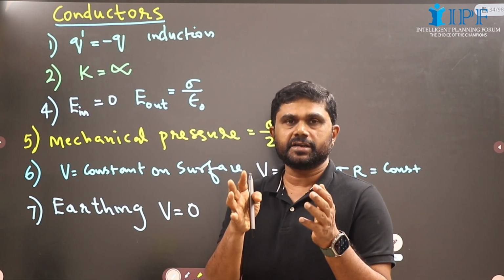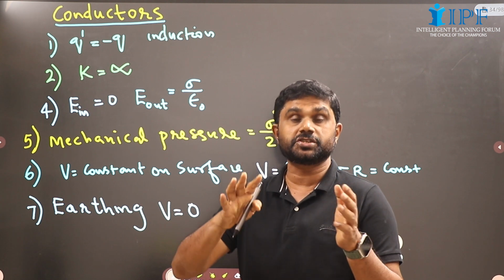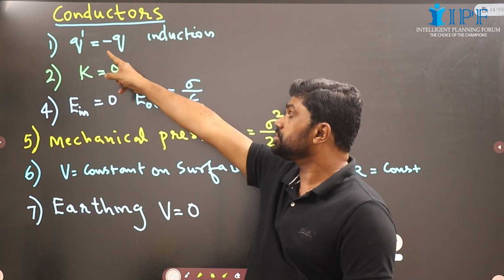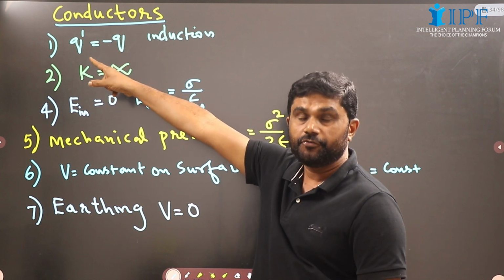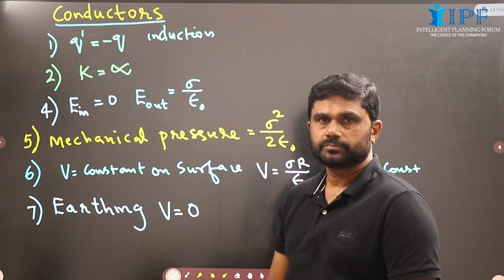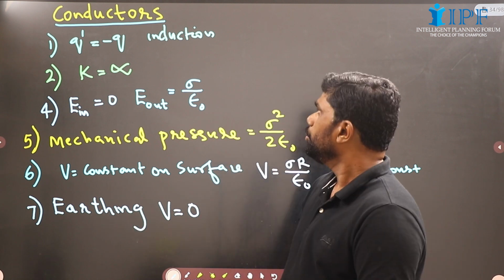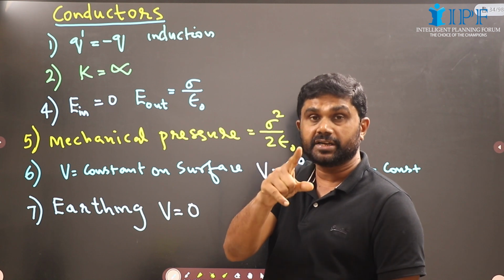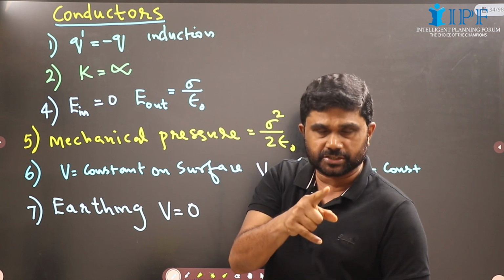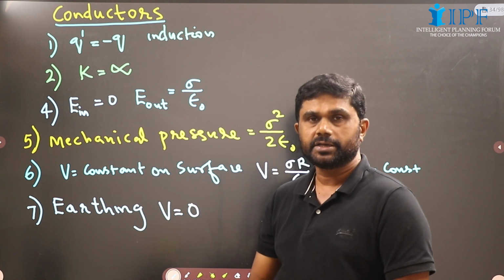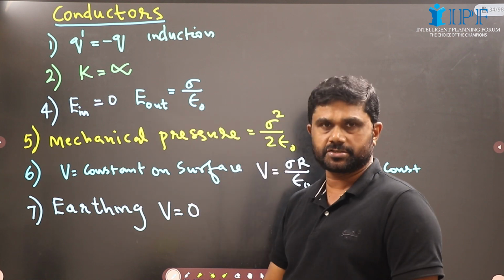See, when a conductor is being charged by induction, the induced charge Q dash will be the negative of the inducing charge, in any conductor. The dielectric constant of a conductor in electrostatics, when there is no current through it, is infinite.